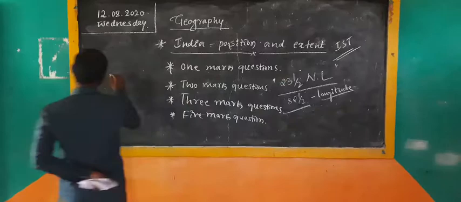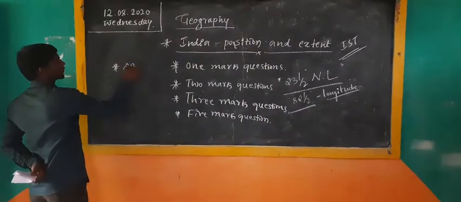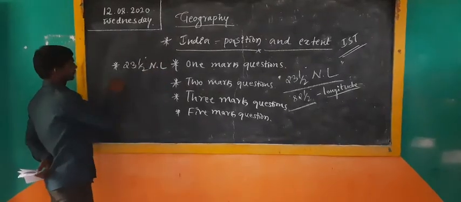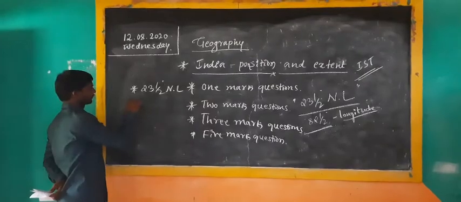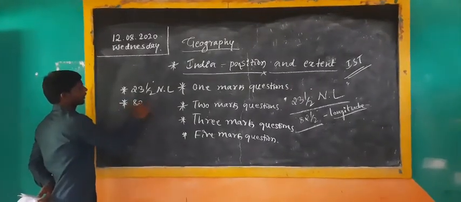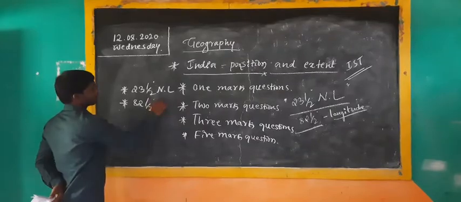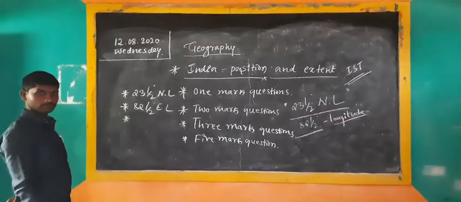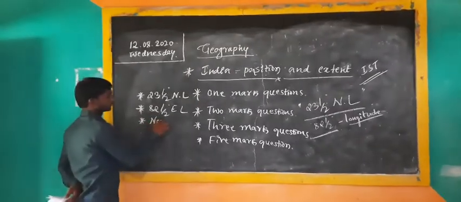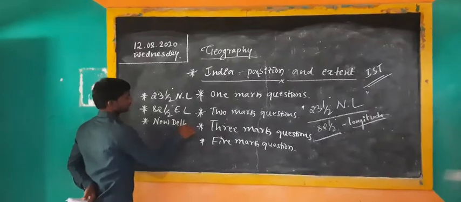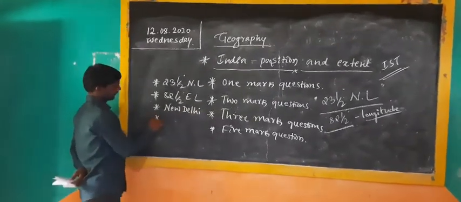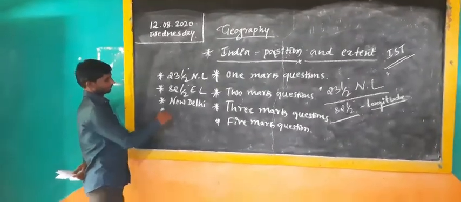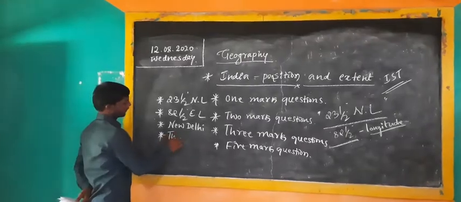The first one, 23.5 degree north latitude line. The second one, 82.5 degree east longitude line. Then New Delhi, then the Himalaya mountain.